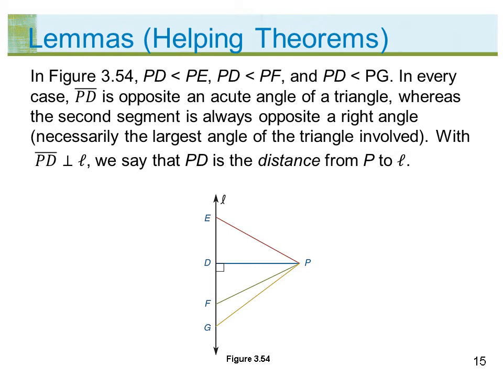In every case, segment PD is opposite an acute angle of a triangle, whereas the second segment is always opposite a right angle, necessarily the largest angle of the triangle involved. With PD perpendicular to line L, we say that PD is the distance from point P to line L.